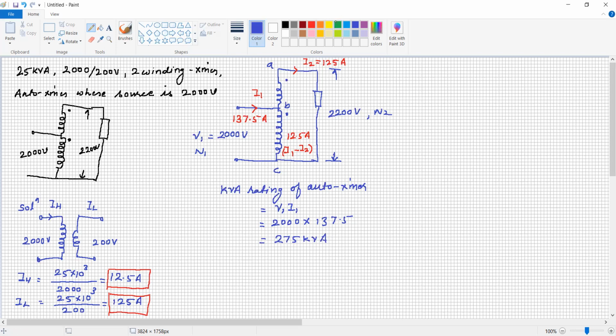So the auto transformer kVA rating is greater than that of the two winding transformer. This is one way to calculate.